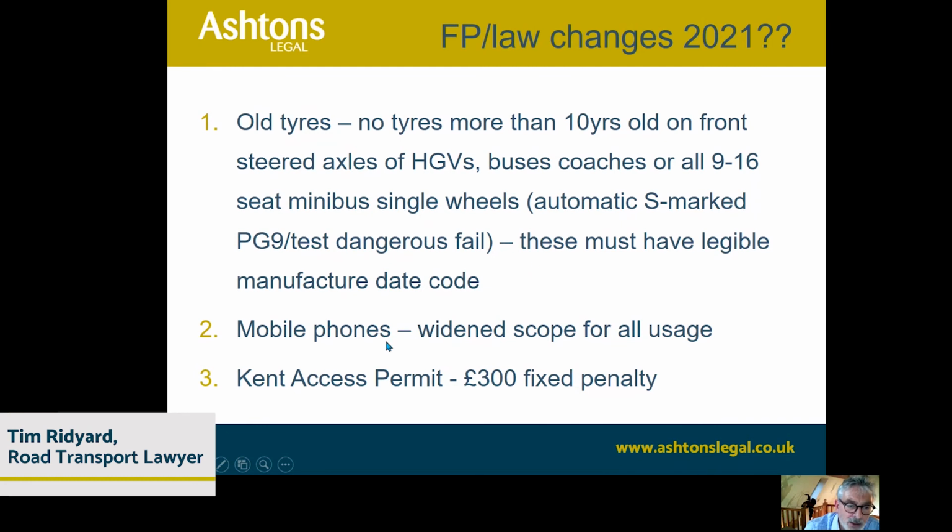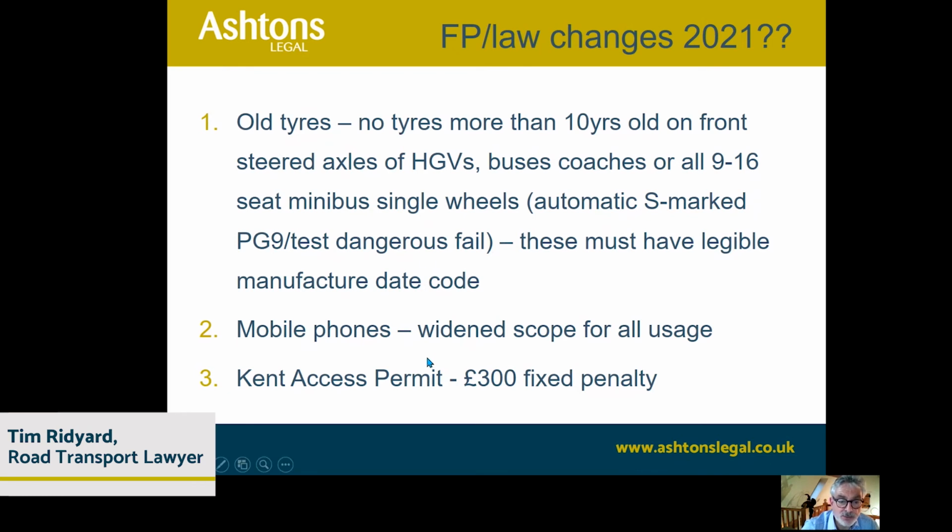Mobile phones, in the new year, we'll see a widened scope of the prohibition on their use. In effect, it will be any use of mobile phones in any way whatsoever. So that will include taking photographs and any activity at all.